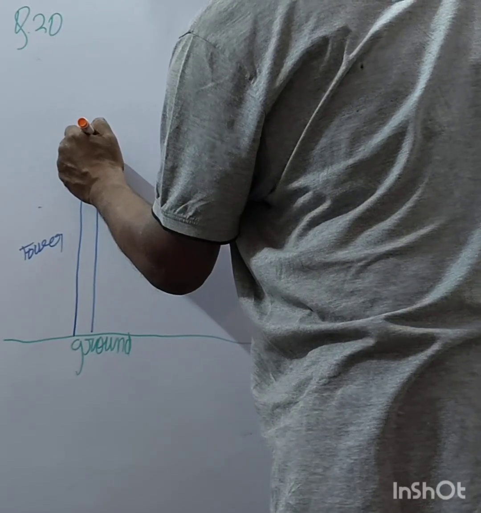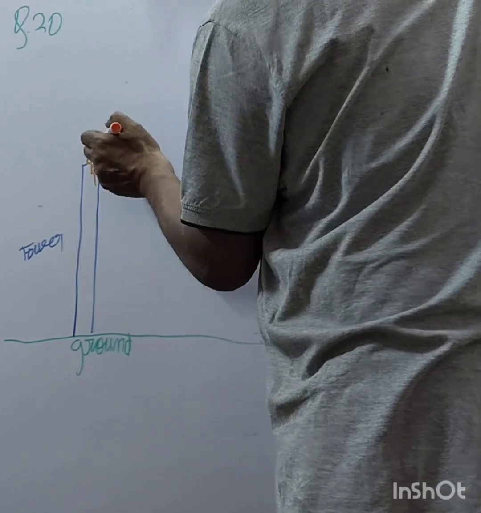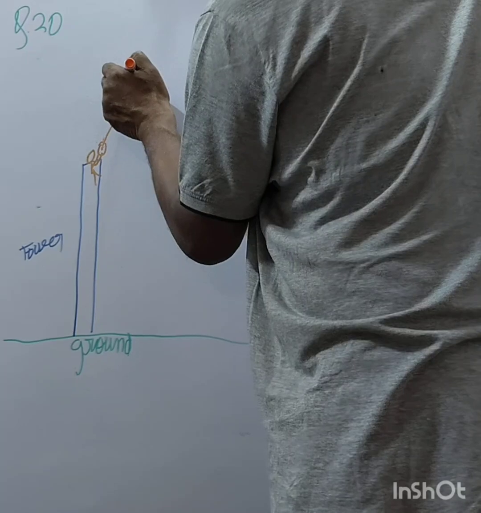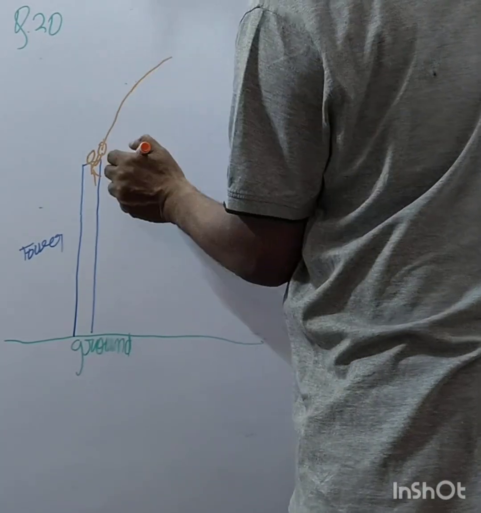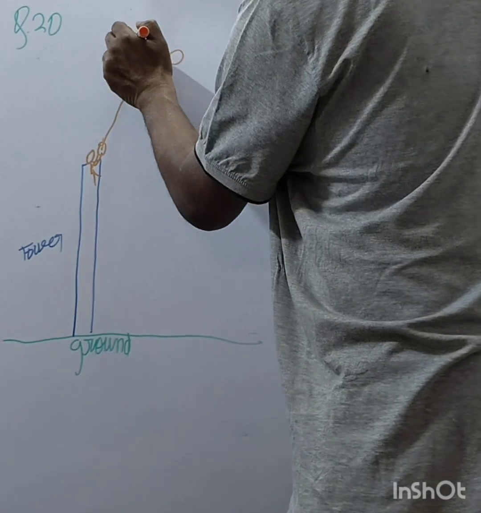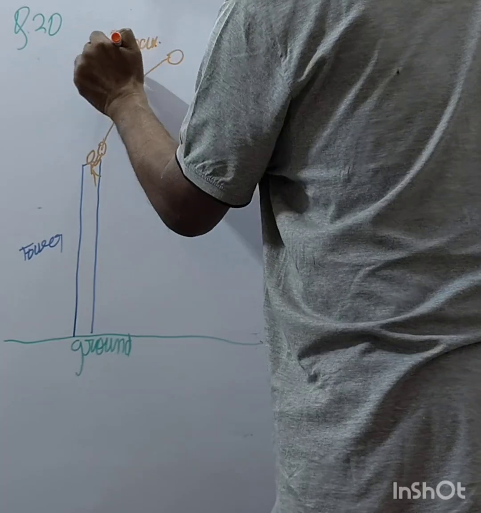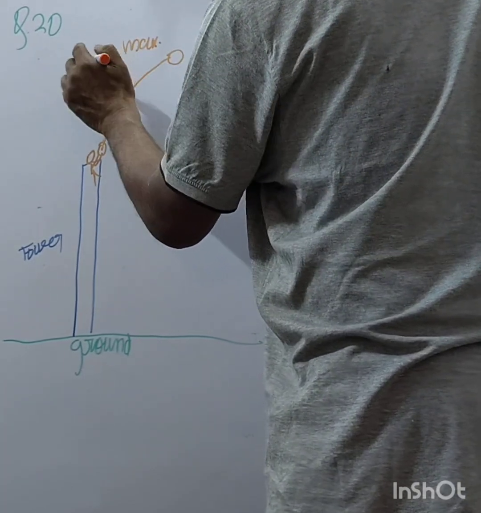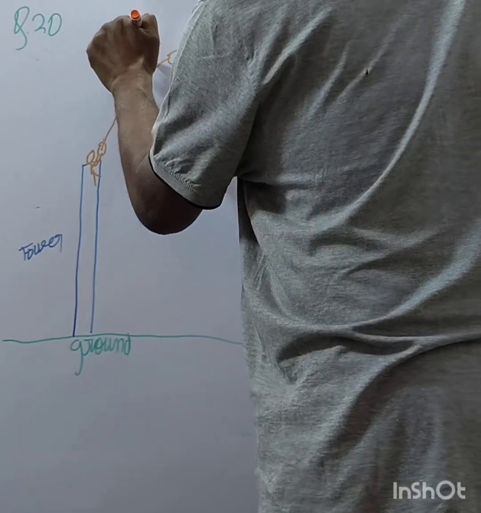Ball is thrown upwards. Right. Suppose it reaches here. This is the maximum height.